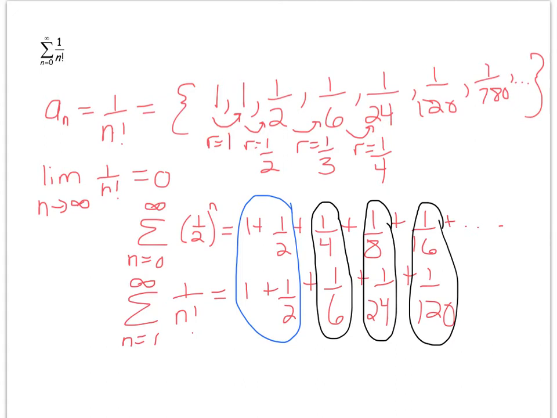So basically what's going on here is that the infinite series from 1 to infinity of 1/n factorial is smaller than the infinite series from 0 to infinity of 1/2 to the n. And if I know that that first infinite series converges, that means that this second infinite series must converge because it's smaller than the first. And then if I tack back on the 0th term there, then it's still going to converge. So this converges.